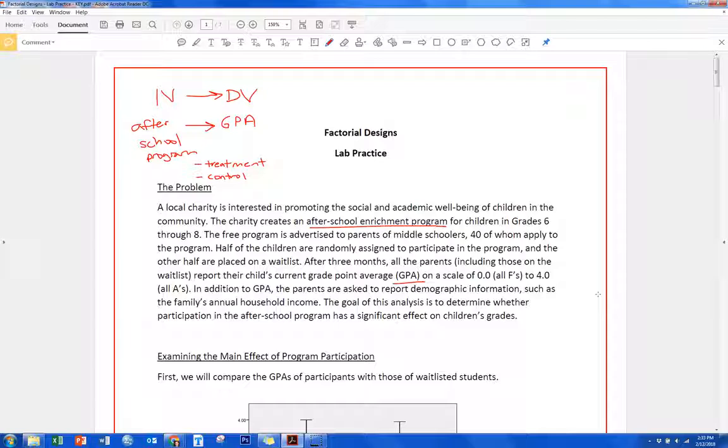They just get the program later. That way you can have this other group serve as a control group. So after school program is your independent variable. It has two levels, the treatment and the control. The outcome is GPA. The goal of the study is to determine whether the intervention, whether in the treatment or the control group, has a significant effect on children's grades, on the GPA.